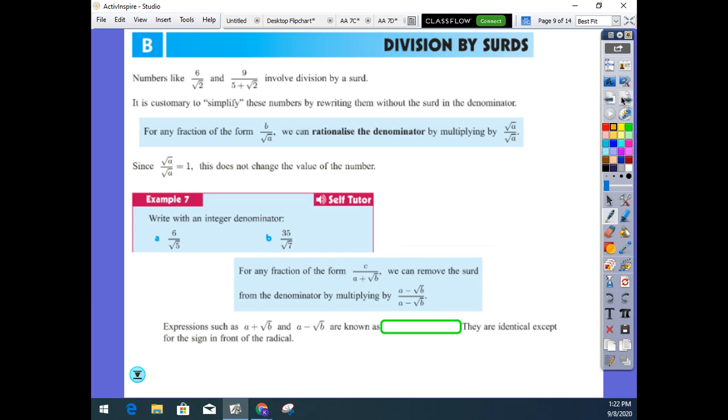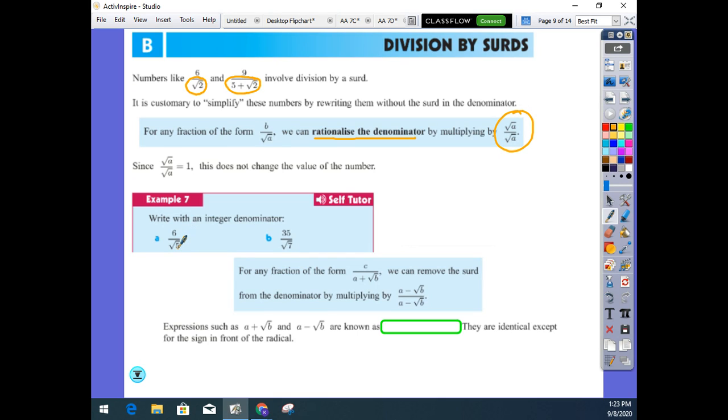Okay. A fraction is not considered simplified if there's a square root in the denominator of any sort. So we rationalize the denominator by multiplying the top and bottom by the same thing.